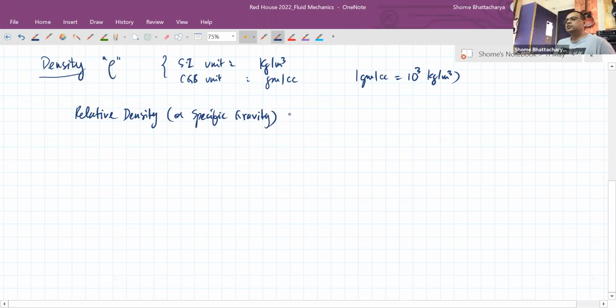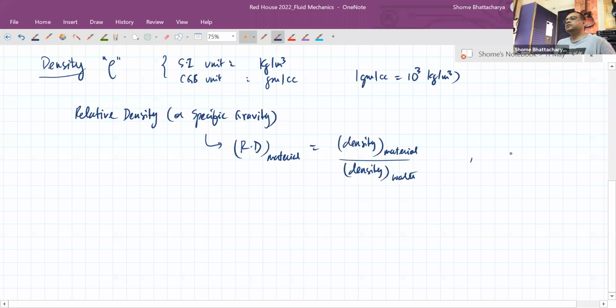But anyway, specific gravity or relative density for any material is defined as a simple ratio of the density of that material with respect to the density of water at 4 degrees C.